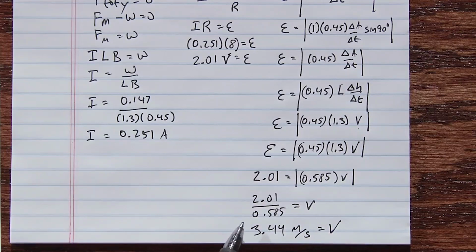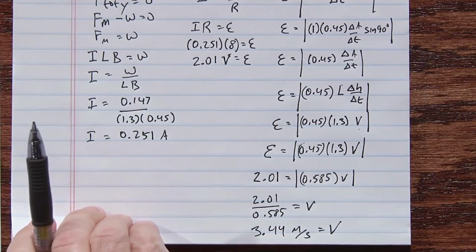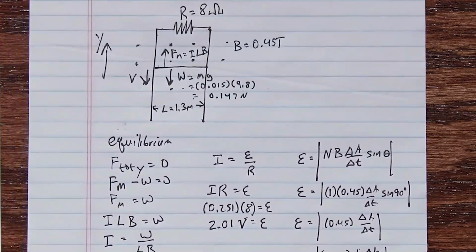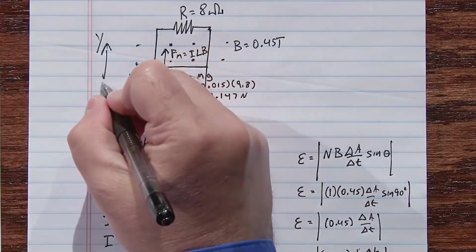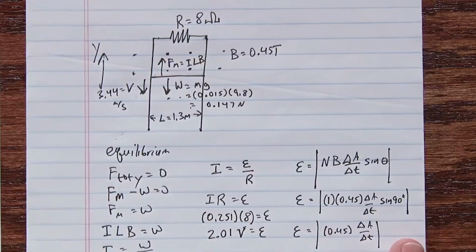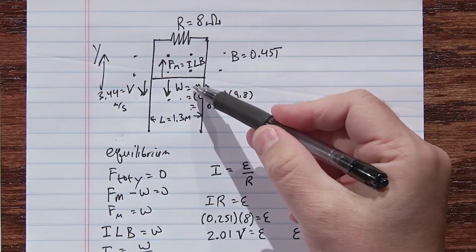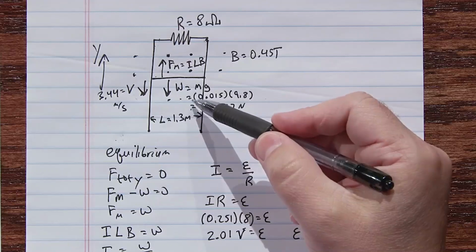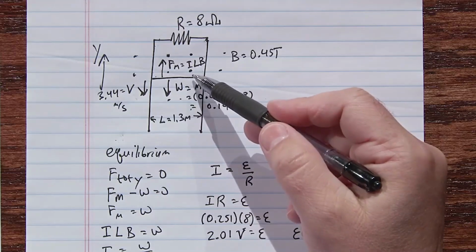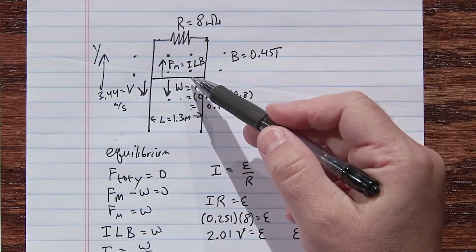So if the bar is moving down at 3.44 meters per second, then the forces on the bar will be in equilibrium. So 3.44 meters per second is the speed. So as the bar moves down at that speed, weight is pulling down, and we must get a magnetic force that is upwards. Let's just check that.